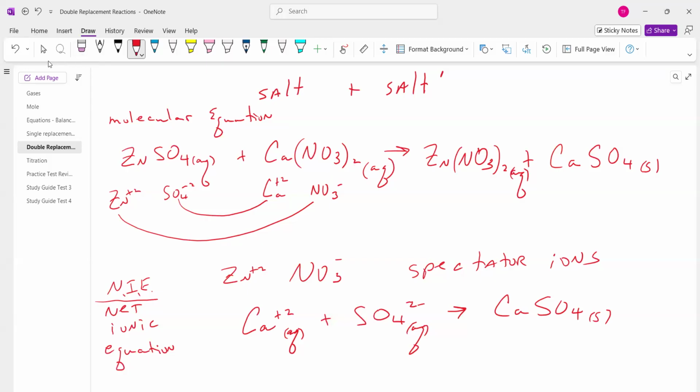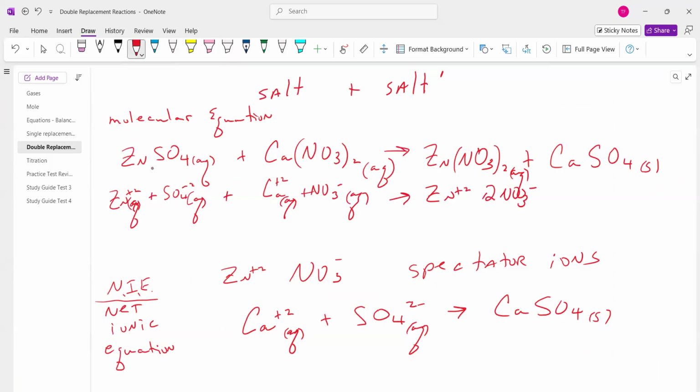But basically what we're doing is splitting everything up. So this will be called the total ionic equation.